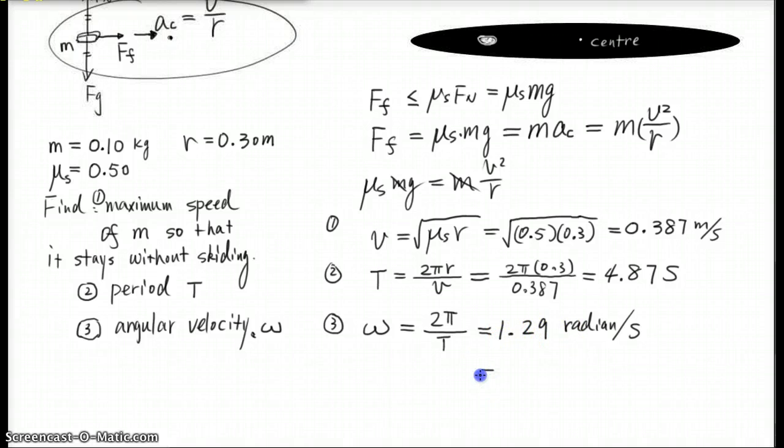This is equivalent to, if you multiply by 180 degrees over pi, approximately 74 degrees per second. Okay.